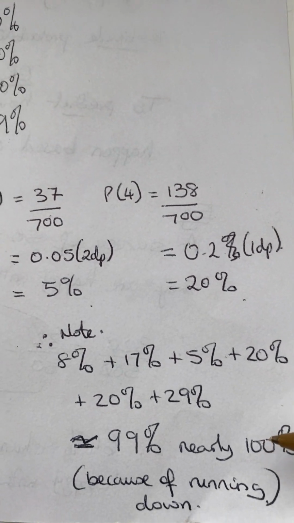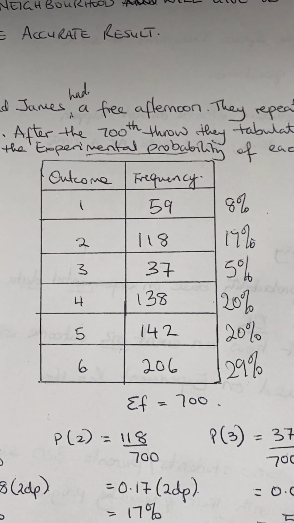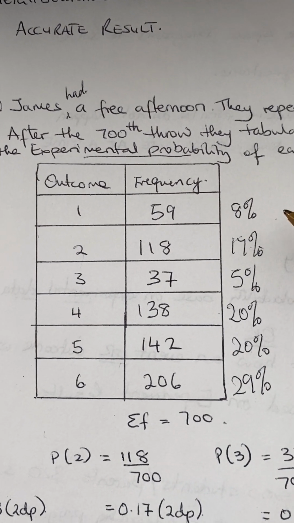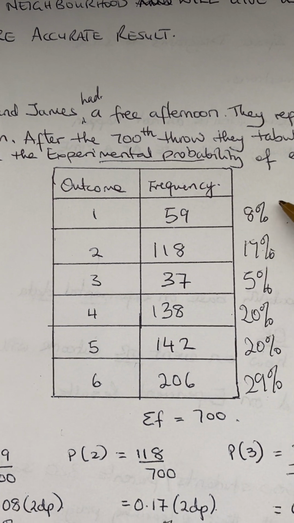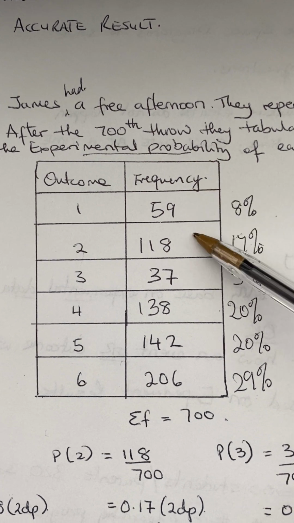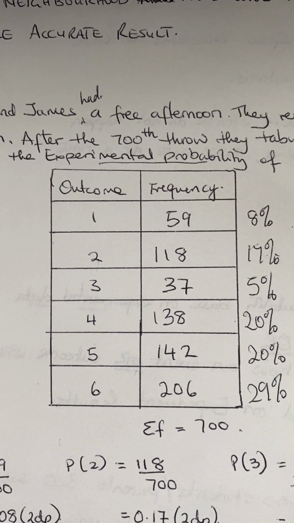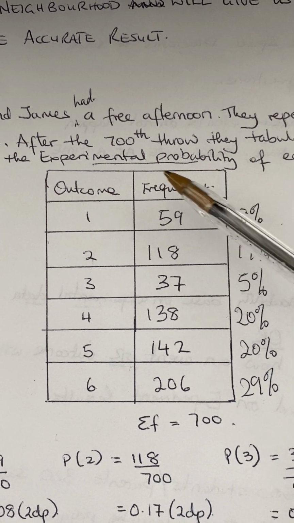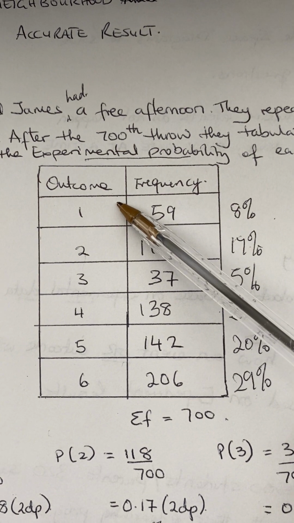Okay, so this is another way they can twist questions at you in the probability questions. Okay, and you have to be careful, because here you don't need a sample space diagram, even though you know that the probability of getting a 1 is 1/6.